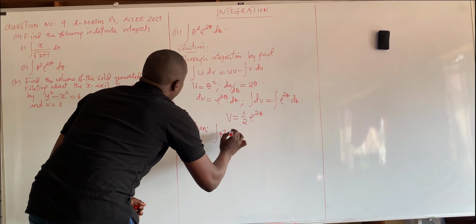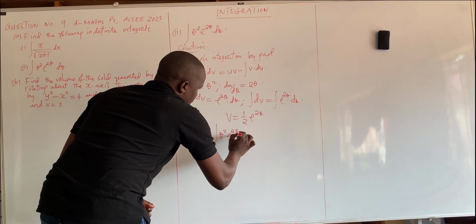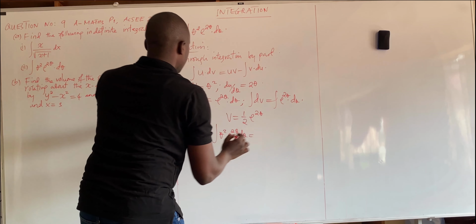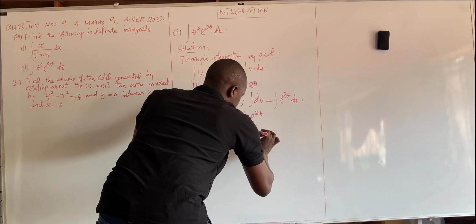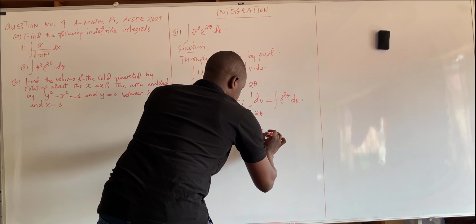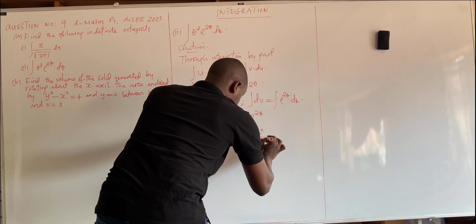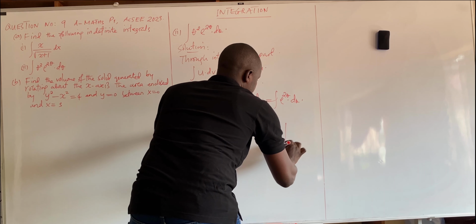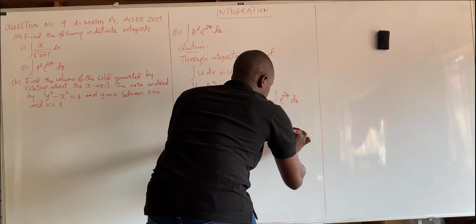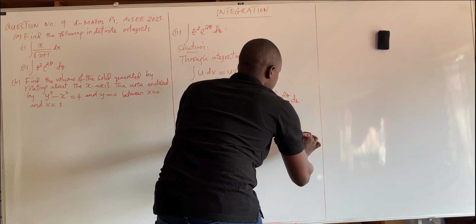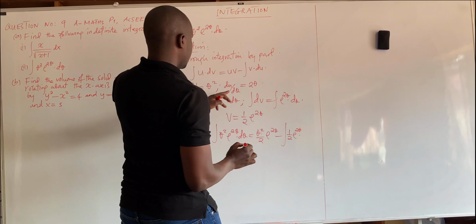So we can say then, integral of theta square, e of 2 theta d theta, is let us say uv, so u is theta square, now times our v here, it is a half, which becomes this way, e of 2 theta. Now we minus integral of v, which is 1 over 2 e of 2 theta. Now we times du.